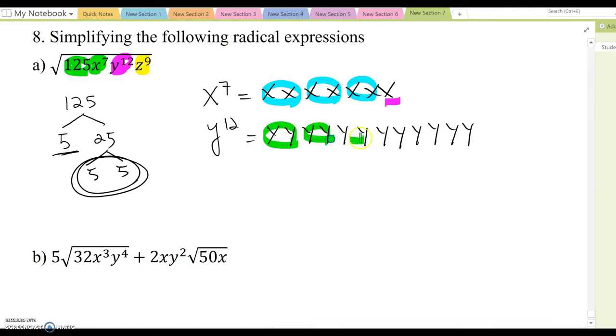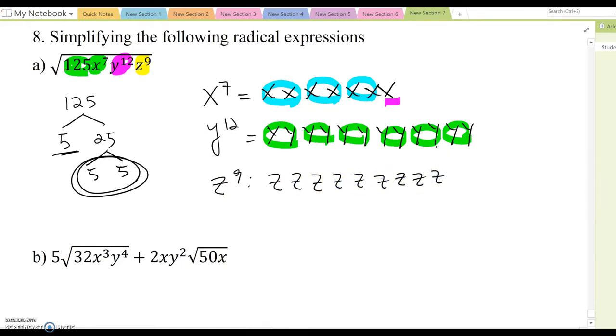So 1, 2, 3, 4, 5, 6 pairs exactly. Now z to the 9th, then 1, 2, 3, 4, 5, 6, 7, 8, 9, and then we can find 1 pair, 2 pair, 3 pair, 4 pair, and then one left over must be inside of that square root box.